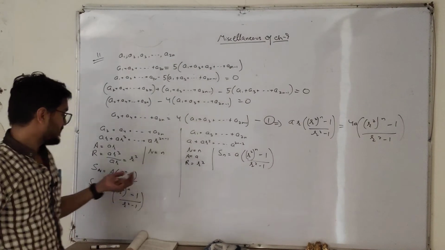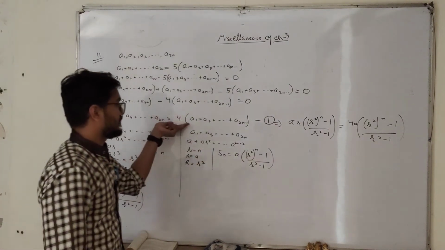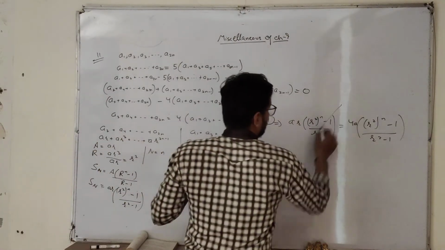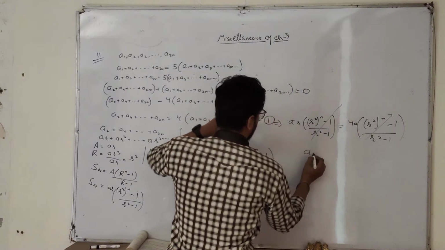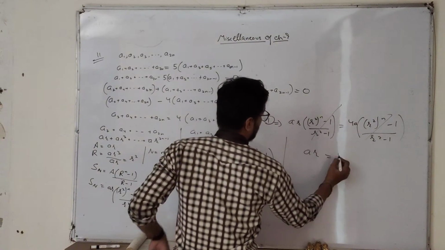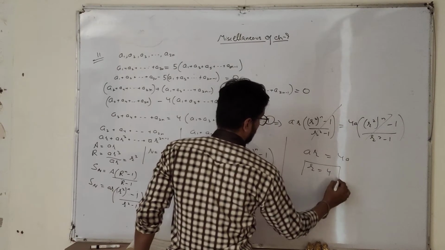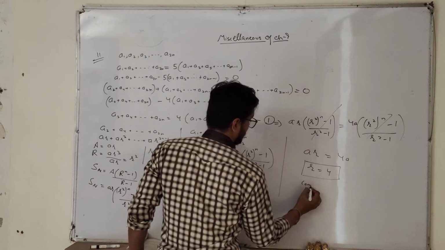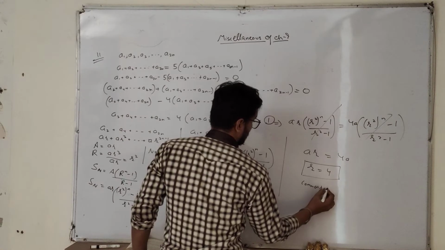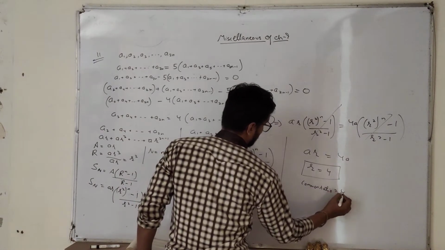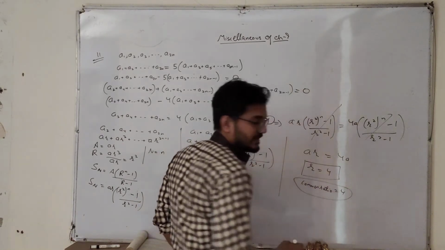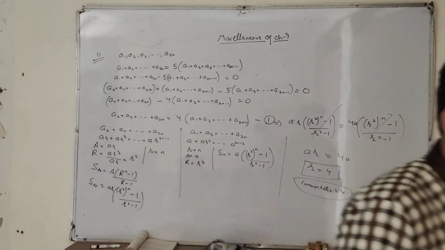Nothing we have done, just substituted these two values into this equation. So from this to this gets cancelled, so ar is equal to 4a, or r is equal to 4. So the common ratio is 4. So this is our required answer.